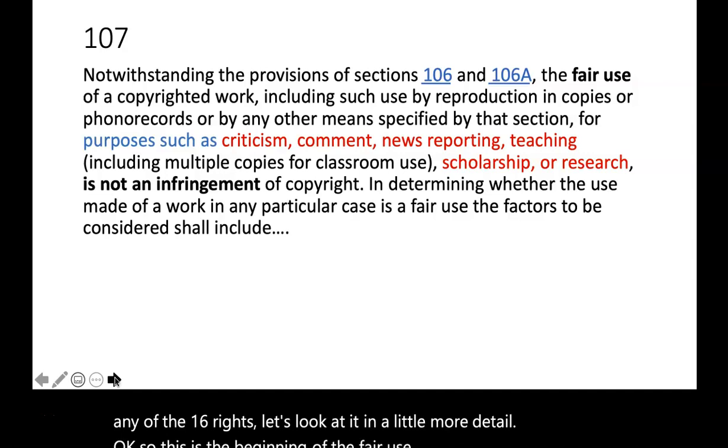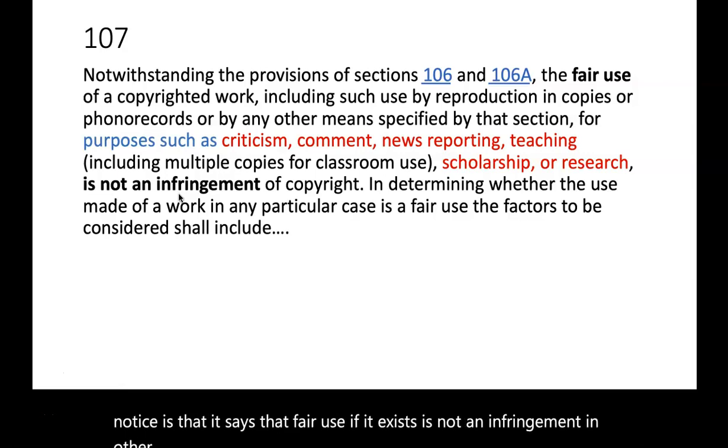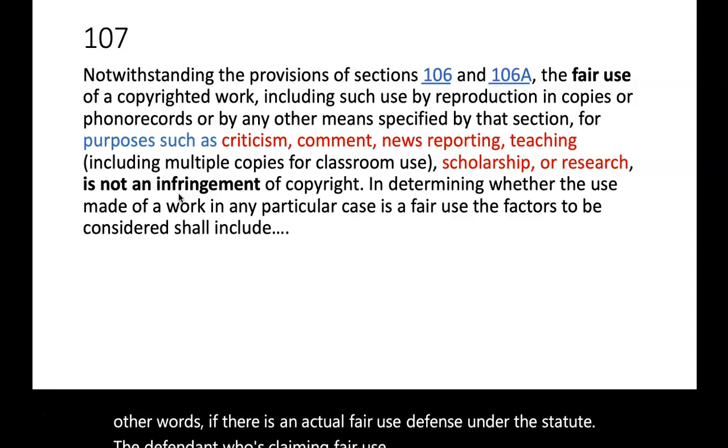What you should notice is that it says that fair use, if it exists, is not an infringement. In other words, if there is an actual fair use defense under the statute, the defendant who's claiming fair use is not at all liable.